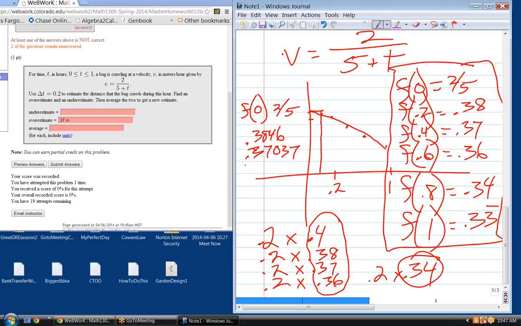Okay. 2 divided by 5.6, 0.357. 2 divided by 5.8, 0.3448. And what's the last one, just so we'll have it? Oh, we know what that one is, 0.333. That's 1/3.